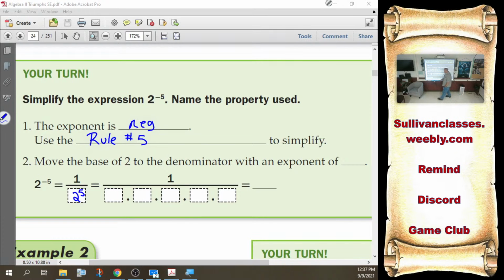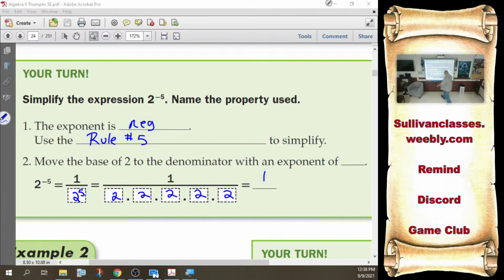So, now that I got the 5th downstairs, I know that means 2 by 2 by 2 by 2 by 2. Write it as a fraction. 1 over what? What is 2 times 2 times 2 times 2 times 2? Don't you dare say 10. 32. Okay. Grab a calculator. Does everyone have 2 to the 5th?